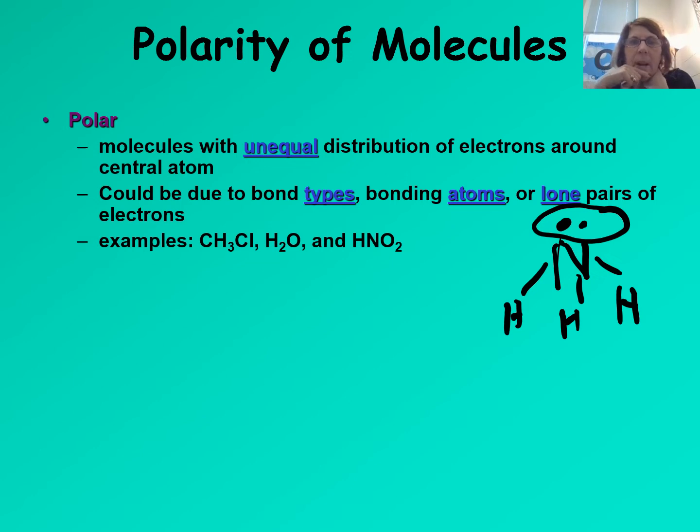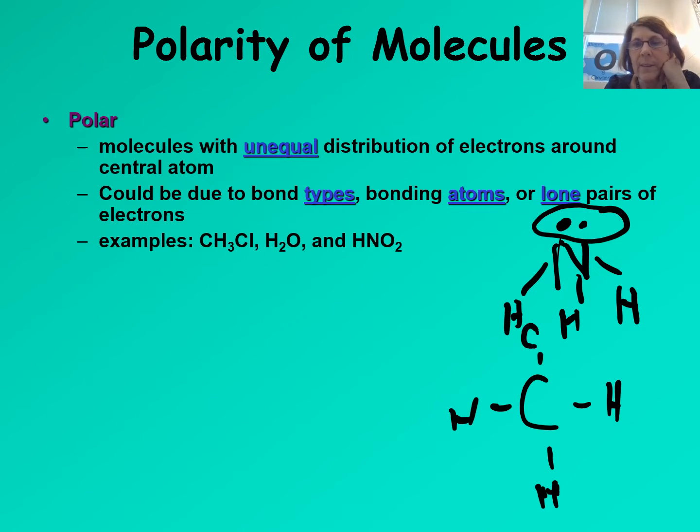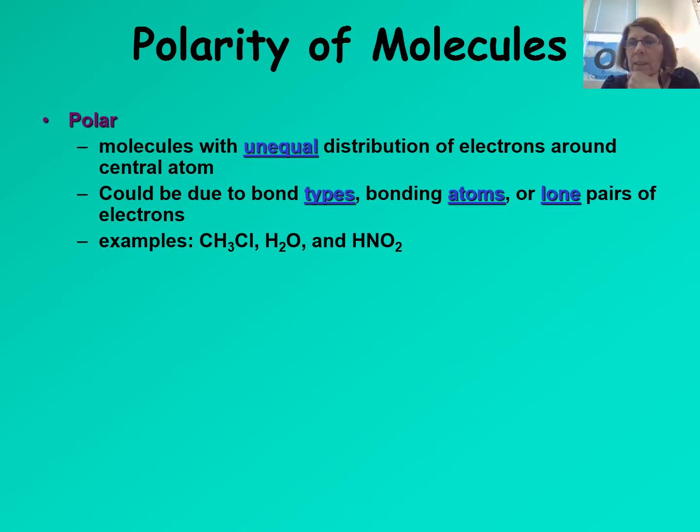Examples are CH3Cl. We have carbon with the 3 hydrogens, and Cl. Let's erase this and start again.